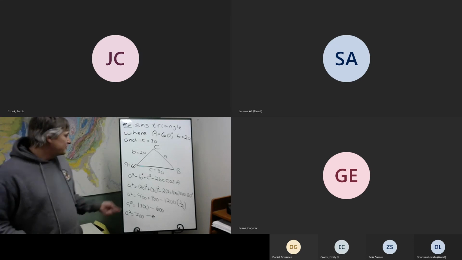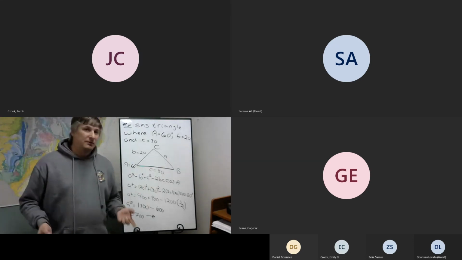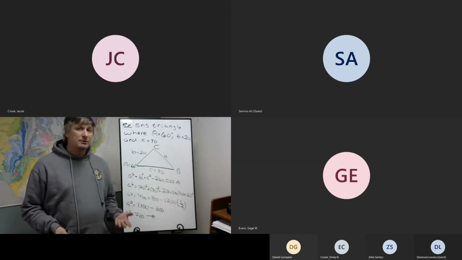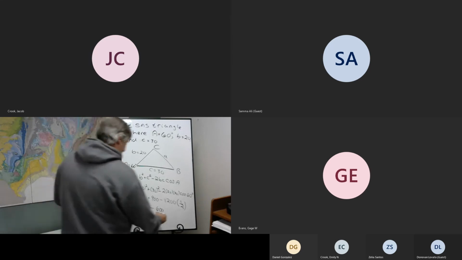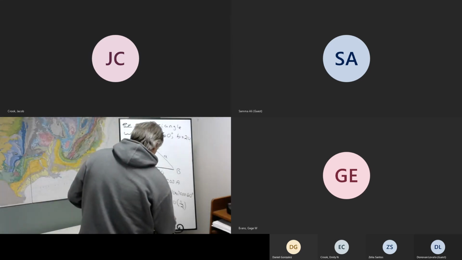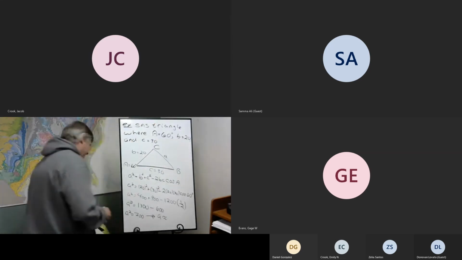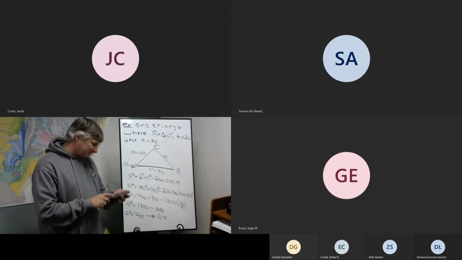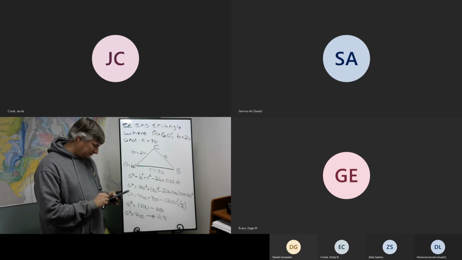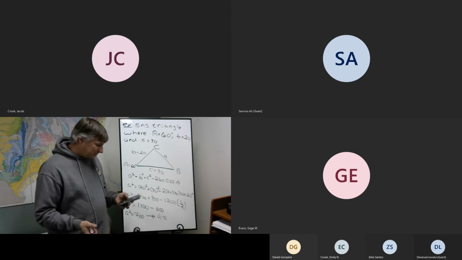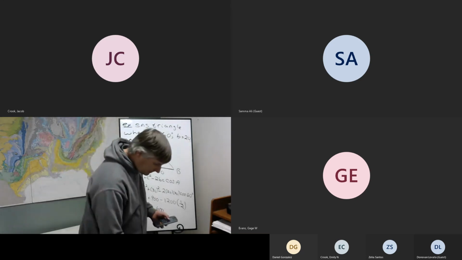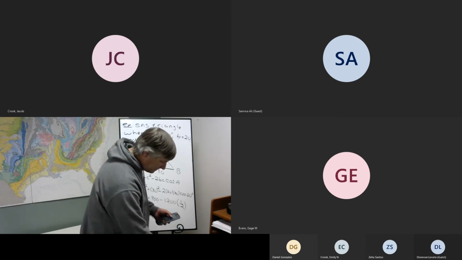Now, because we're dealing with a length, we're going to take the positive square root, not the negative. So A is approximately, so square root of 700. About 26.4575. Just let me see how they rounded this off.